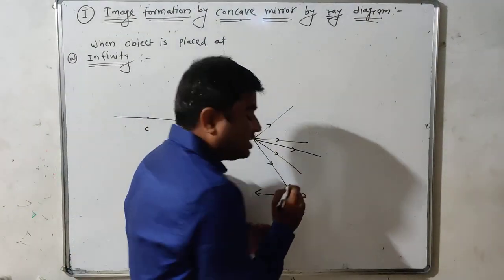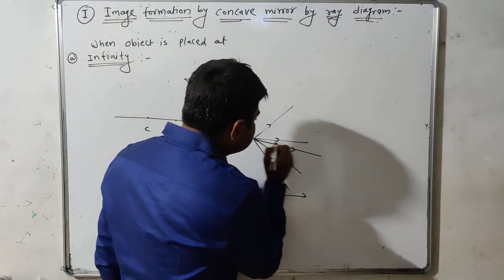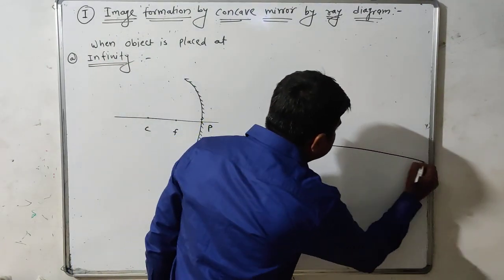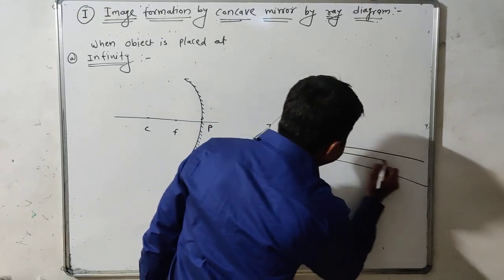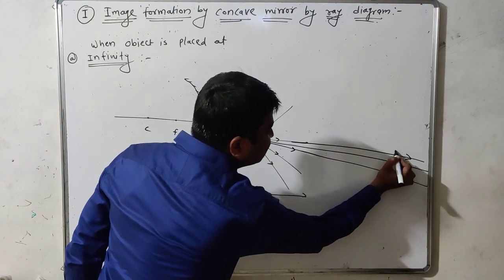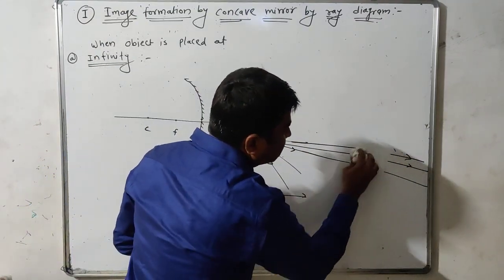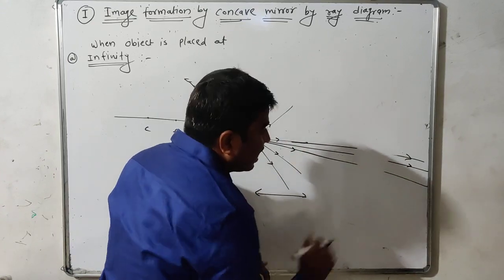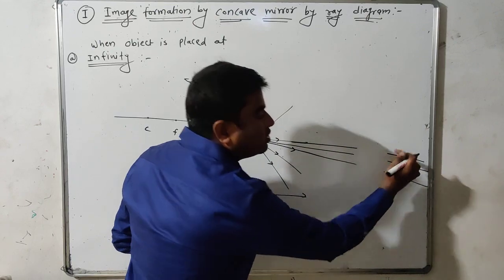But what happens if they travel an infinite distance? If these rays of light travel an infinite distance, what you can see here is, after traveling an infinite distance, these rays are found to be parallel to each other.